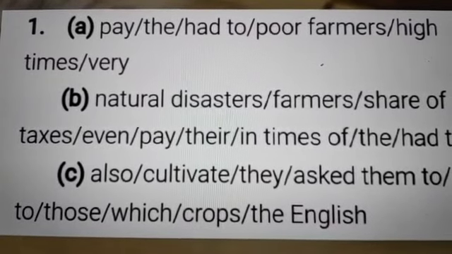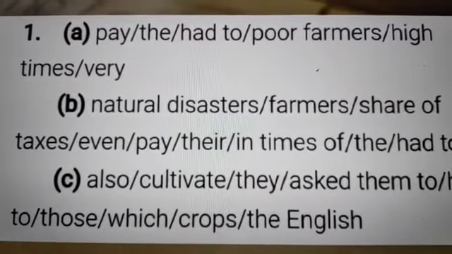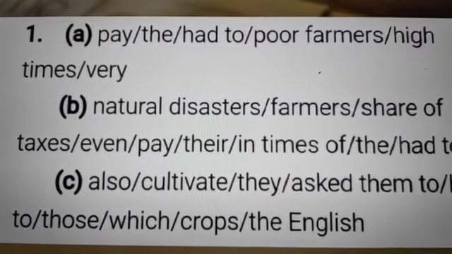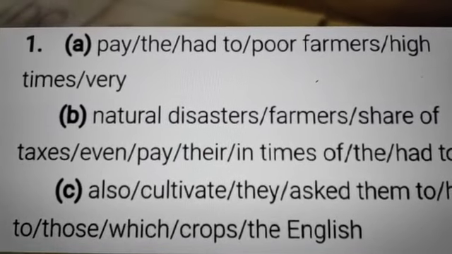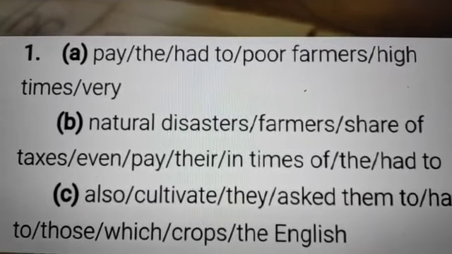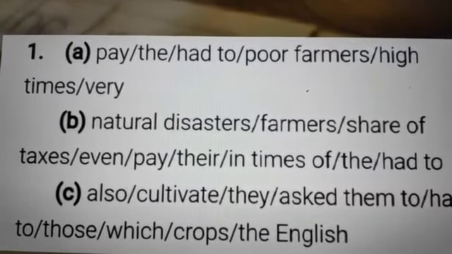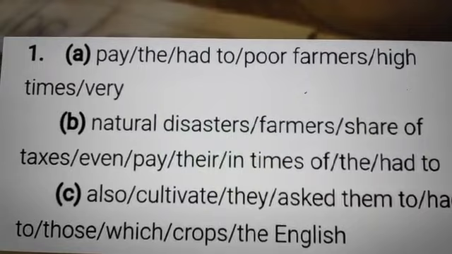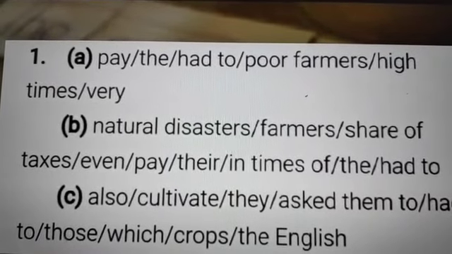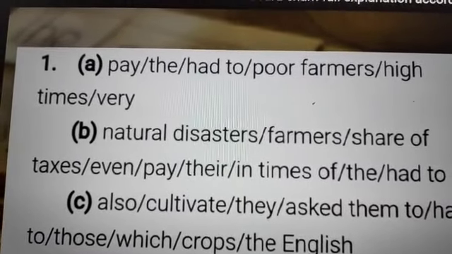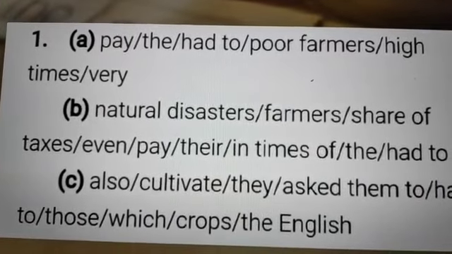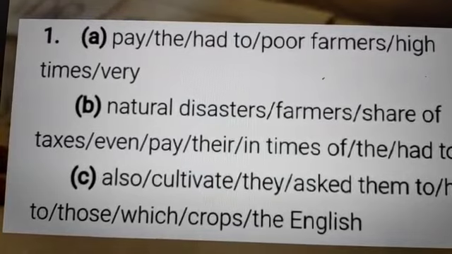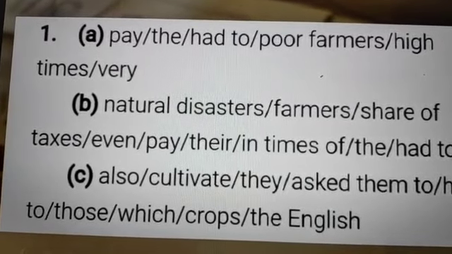And the next one is: natural disasters, farmers share of taxes even pay their in times of the had to. So the correct answer would be: even in times of natural disasters, farmers had to pay their share of taxes.